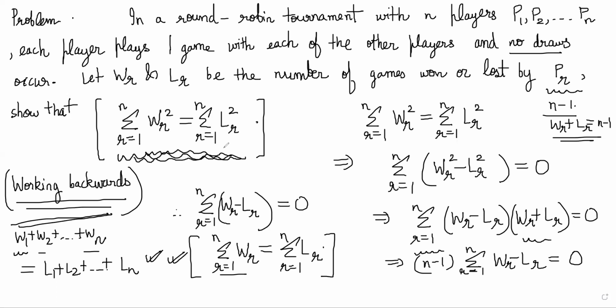The strategy for formally proving it would be to start from this step. You should start by writing this and claiming that this is obvious, or you can even show a one-to-one correspondence between wins and losses. And then you just rework all the steps. So go backward, do all the steps backward, and finally you will come to the conclusion that you need.